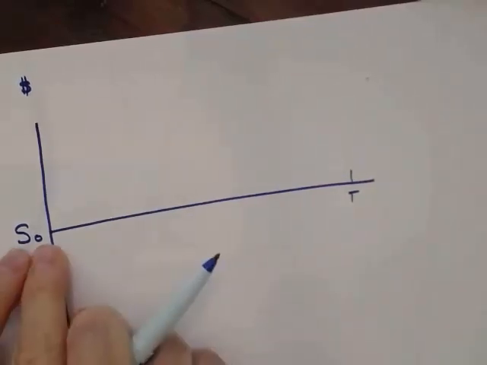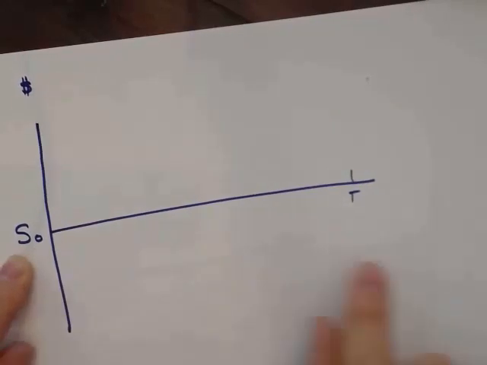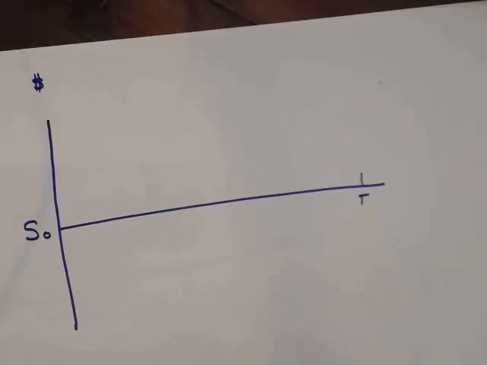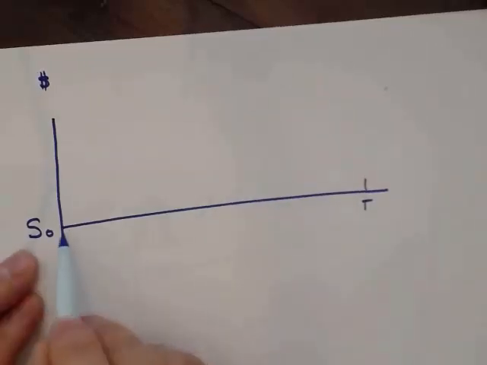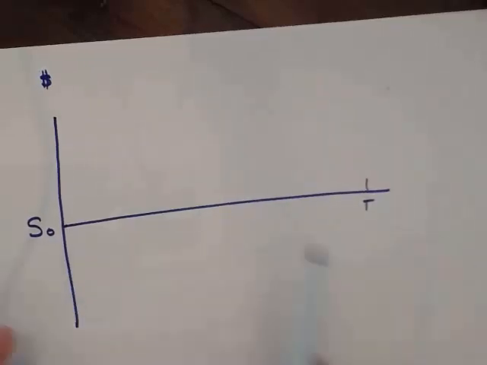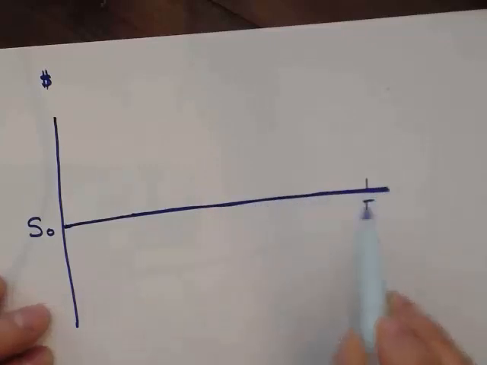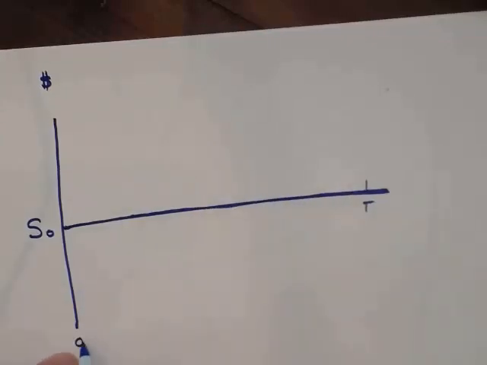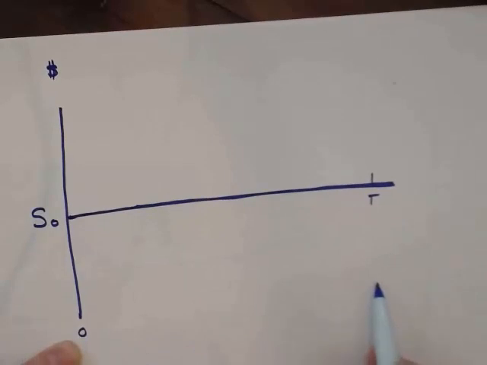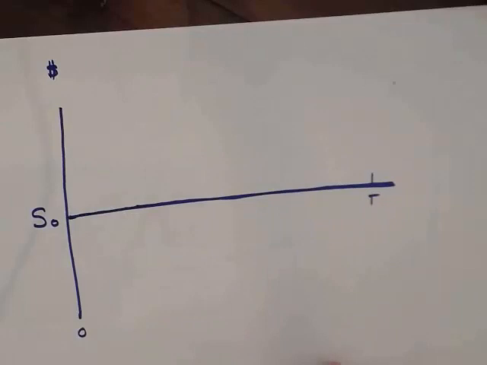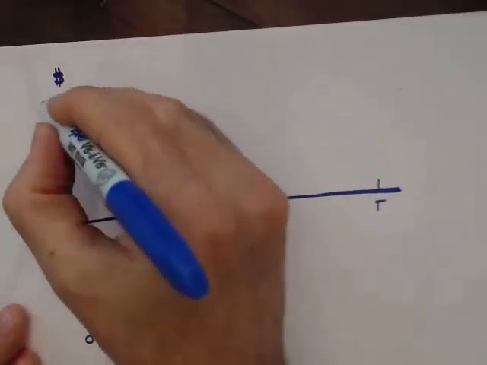So the way to read this is, this graph will assume that we have a spot price today right here, a certain amount of dollars, and we're going to assume that the spot price and expected spot price remain the same over the life of the contract. So the life of the contract, you think of this as time T going all the way to capital T, time going this way, with dollar amounts on the y-axis. So we're going to look at the futures price here.